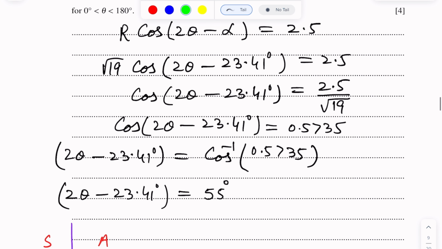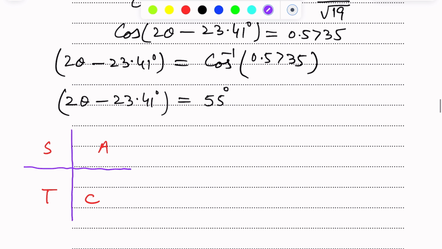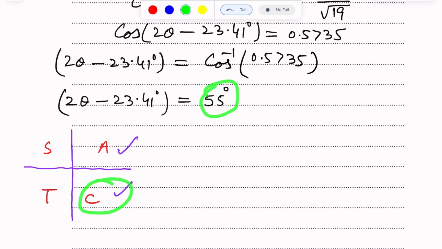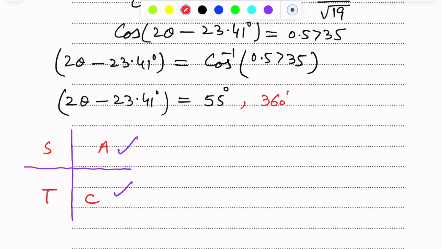Now, in the question, the value of cos of the angle is clearly positive. So there are two values. In the first quadrant it is positive, and in the fourth quadrant the value of cos is positive. So we are taking angles in these two quadrants. In the first quadrant we have found the angle. In the fourth quadrant the angle will be 360 minus the basic angle.